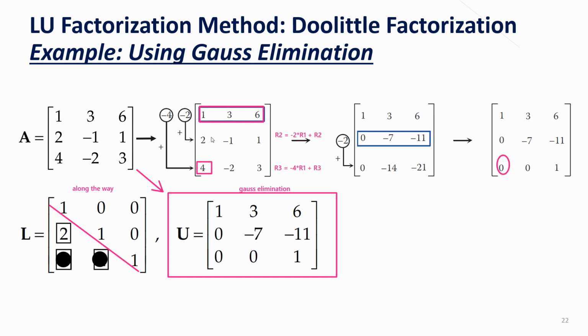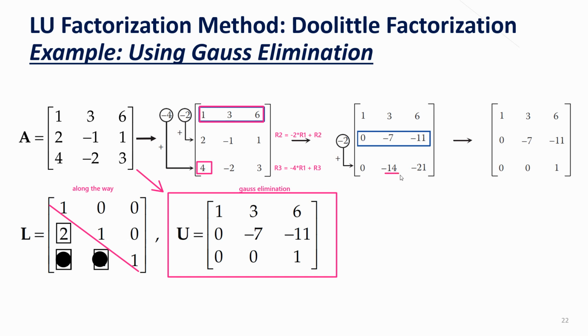And then 3 multiplied by -4 is -12, plus -2, so -12 plus -2 equals -14 here.